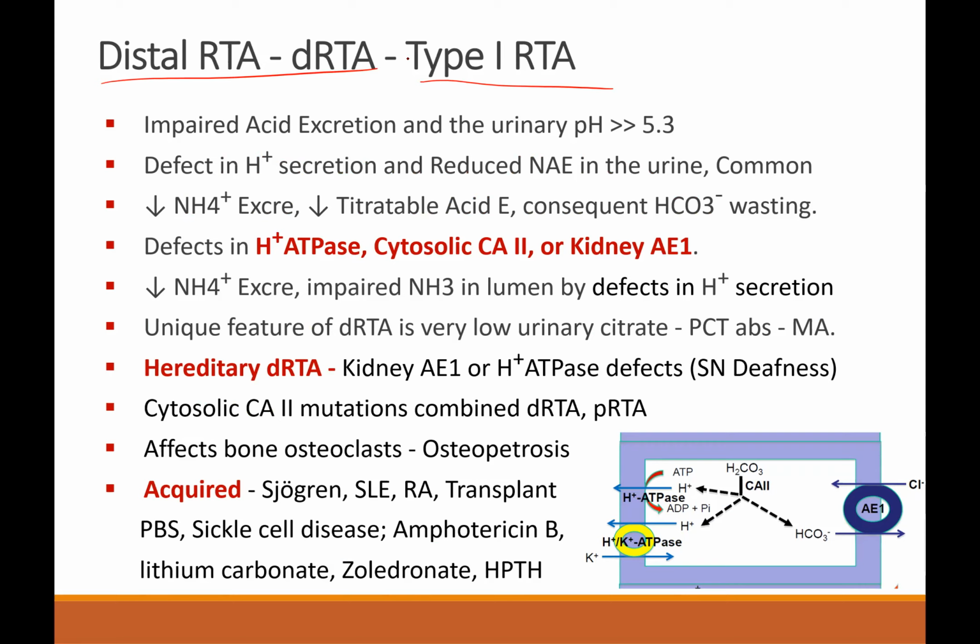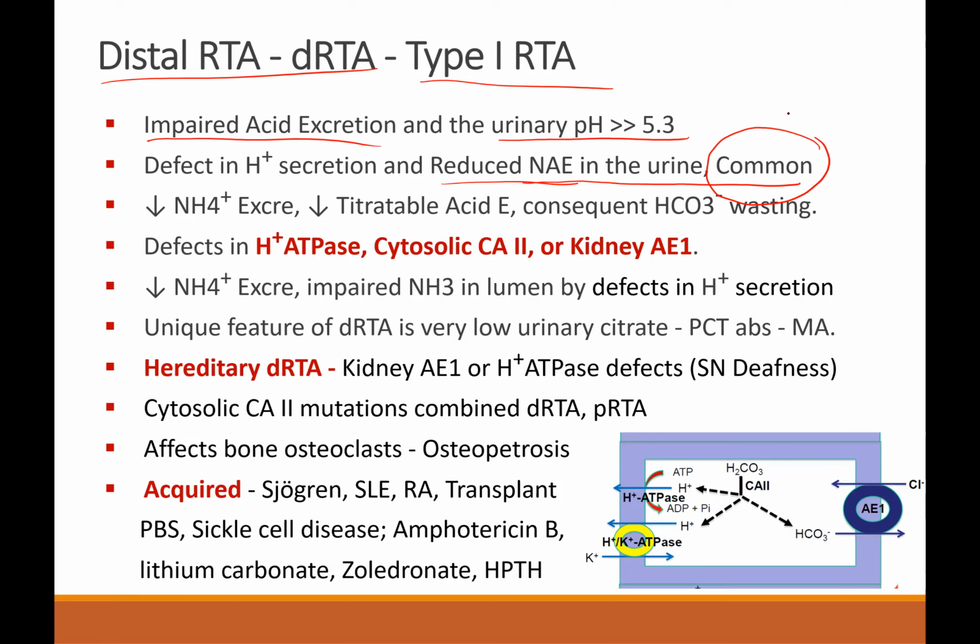Impaired acid excretion, and urine pH is higher, alkaline. Urine pH is alkaline because alkali is lost. There is a defect in the hydrogen ion secretion and reduced net acid excretion in the urine. Net acid excretion is reduced means urine becomes alkaline. In fact, this is the commonest form of renal tubular acidosis.